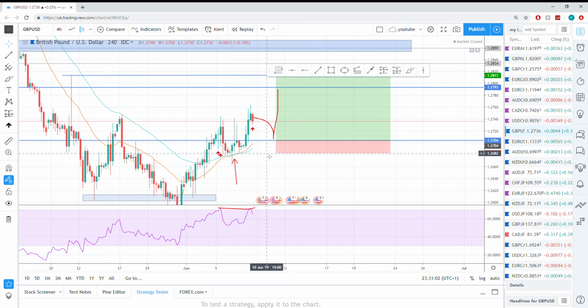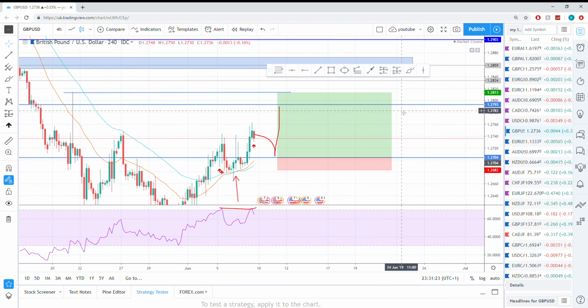I'm waiting for price to show its hands first before I partake in the market. So like I said, make sure you look at your own trades and your own strategy and your own analysis before you put your own trades in. See how it works, and if you agree, then go ahead and take the trade. And of course, always use appropriate risk management.